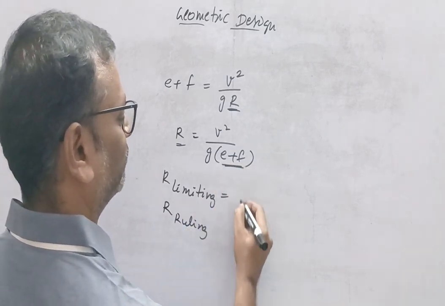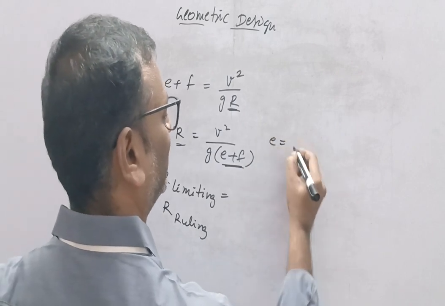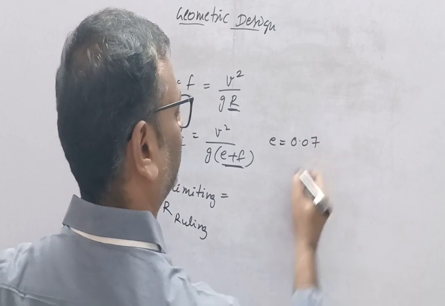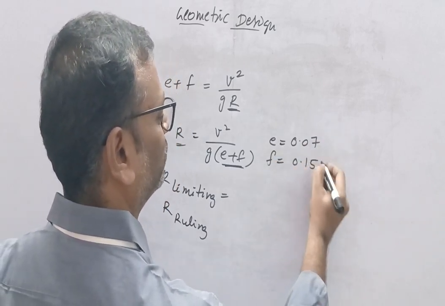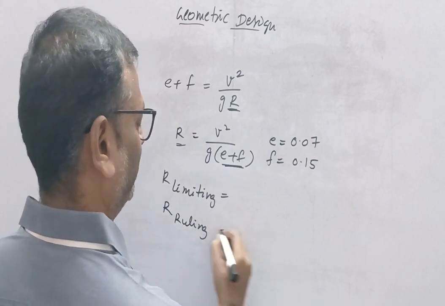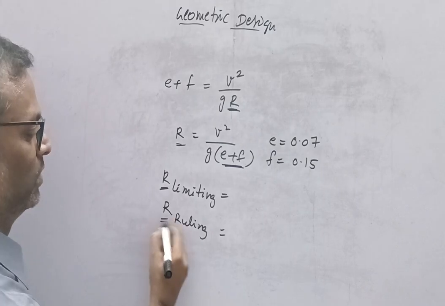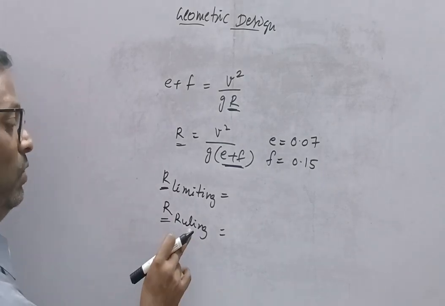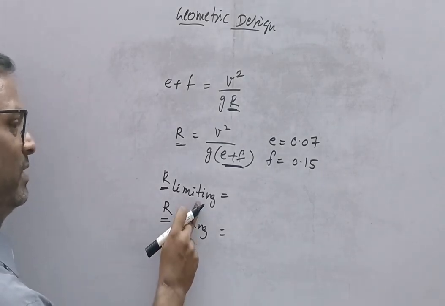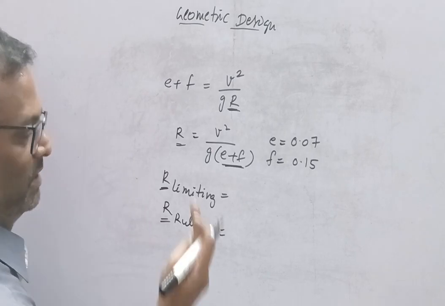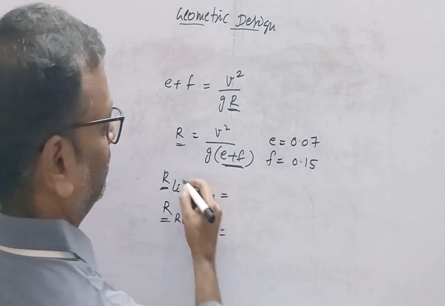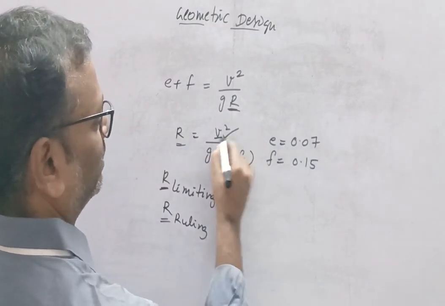In this e plus f, we know e for plain and rolling terrain is 0.07. Coefficient of lateral friction can be adopted as 0.15. So we have two design speeds, that is ruling design speed and limiting design speed, that you have to remember and gather from your memory and adopt this V accordingly.